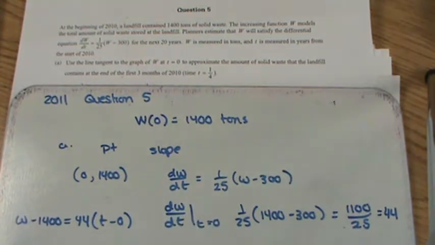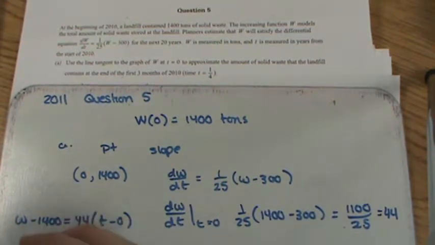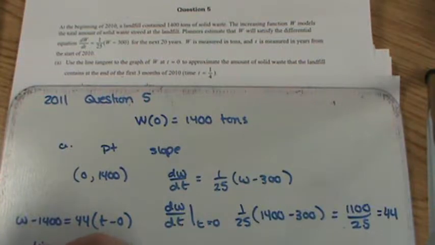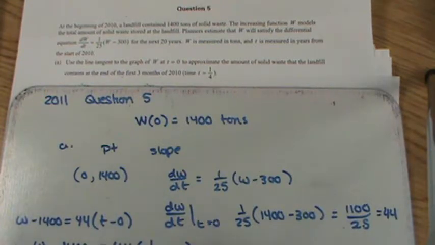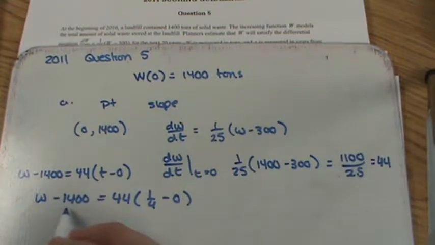Now that's just our tangent line. They want us to use this to approximate the amount of waste at T equals 1/4. So that means I'm going to plug in 1/4 for T. So W minus 1,400 equals 44 times (1/4 minus 0). Now I do want to make sure I do one extra thing. I don't want to leave this minus 1,400 over here.